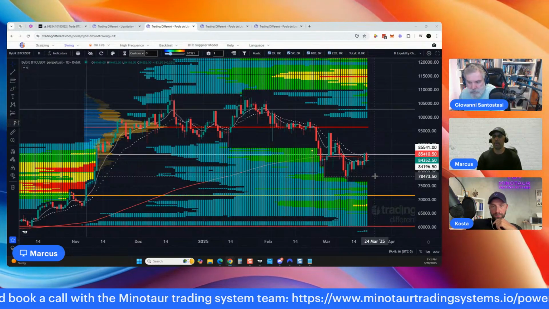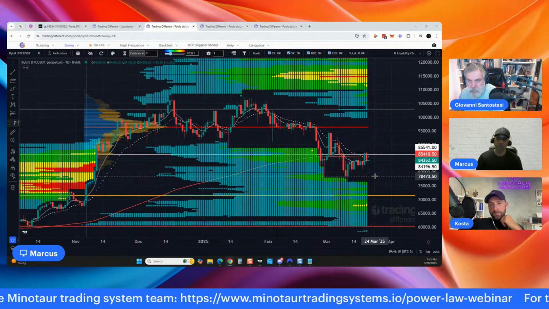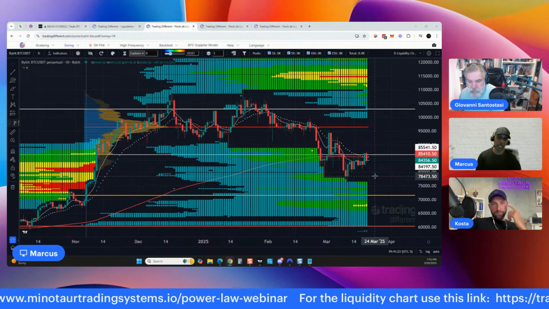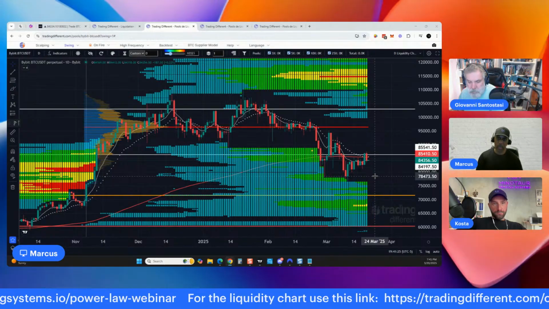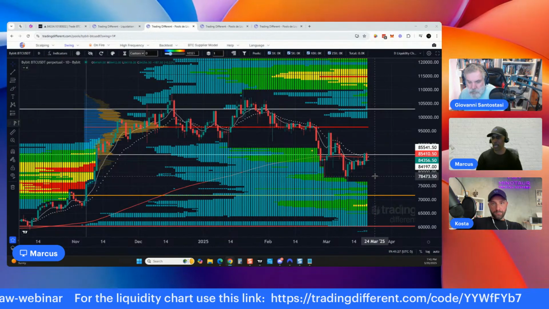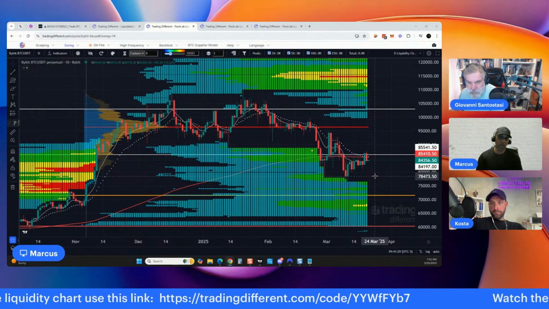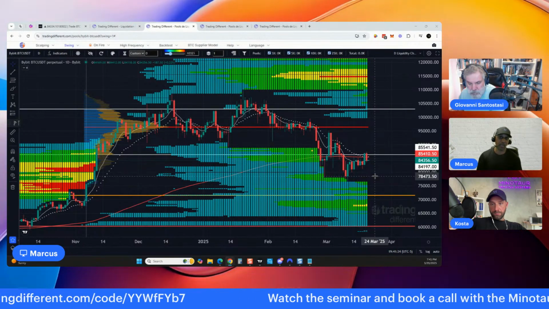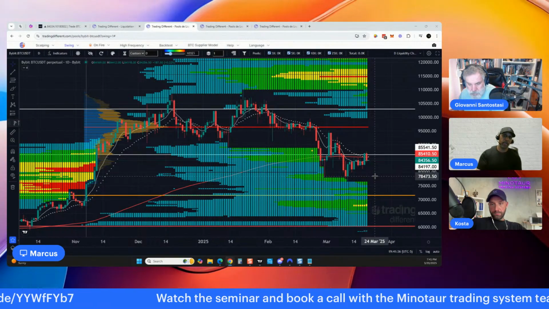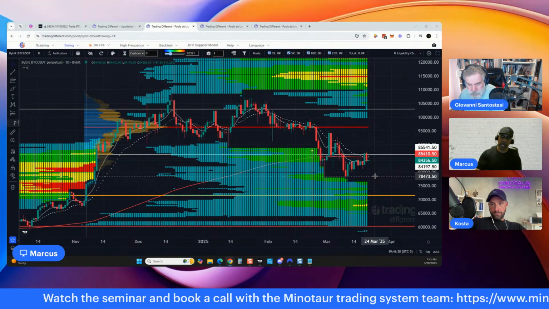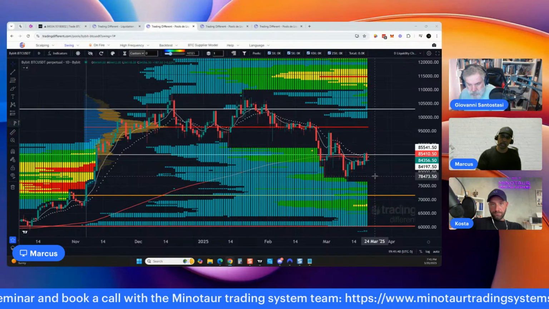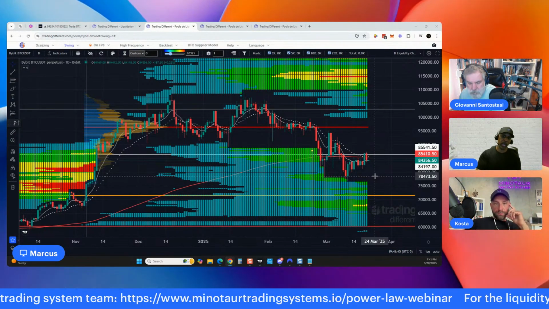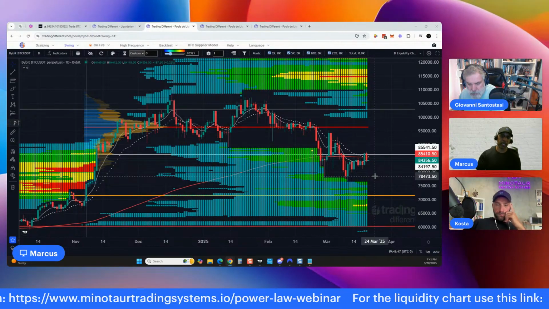And the reason we use Bitcoin is that it's obviously the primary crypto, and we use liquidity to track its movements. If you look at Bitcoin as the primary spot asset, as if you were buying the coin straight up in the spot market, the derivatives market, which is the futures, exactly what we're looking at here, coming from Bybit right now, is where price discovery happens for the asset.